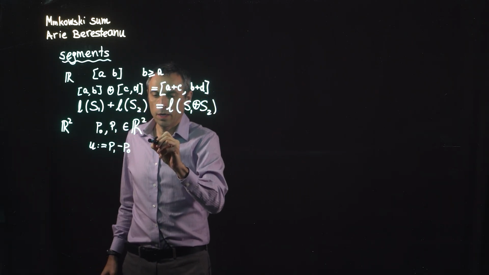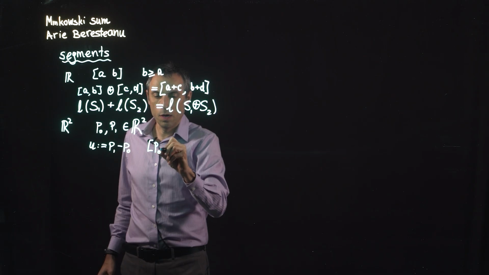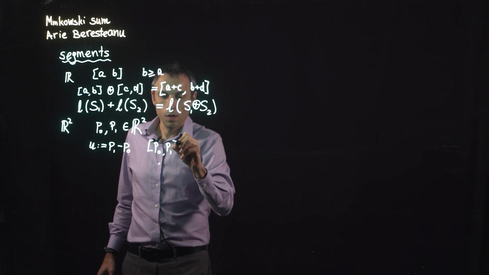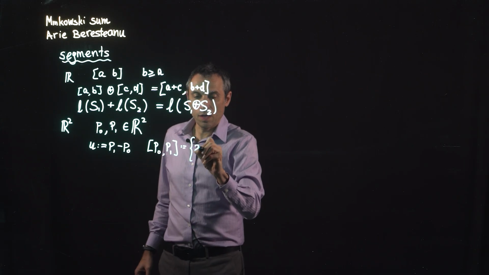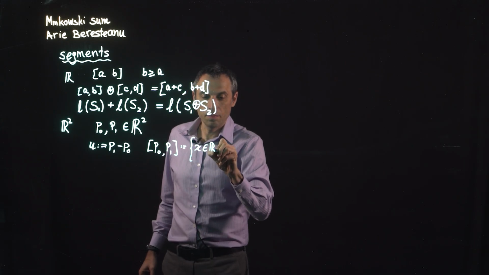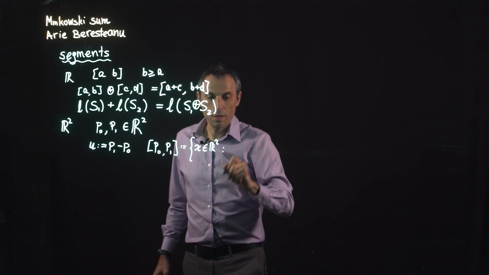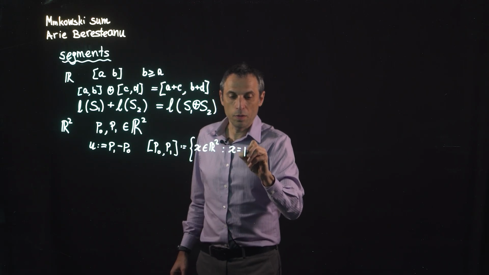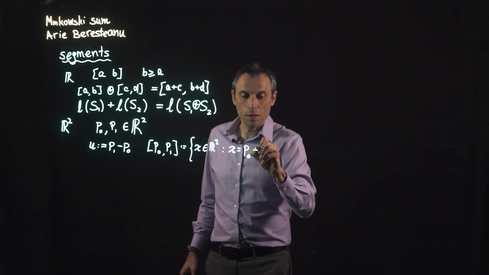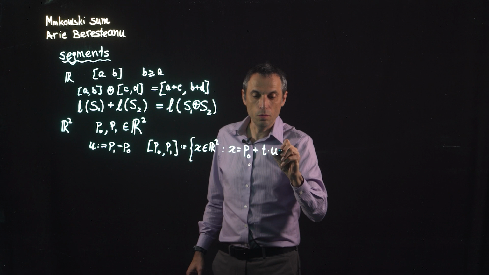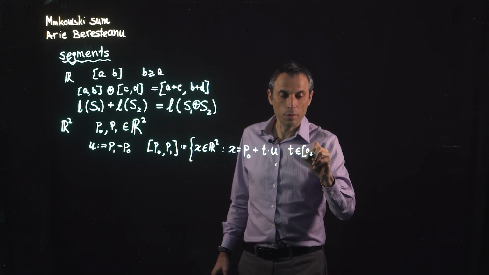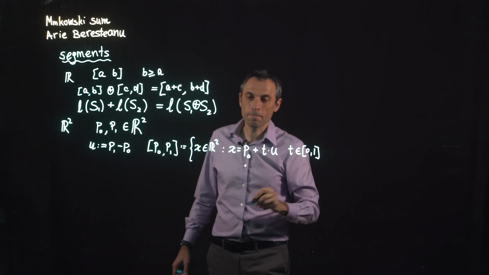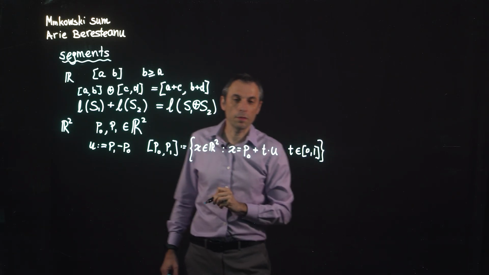The segment P0, P1 is defined as all the points X in R2 such that X is equal to P0 plus T times U, and T is in [0, 1]. And that's the segment.